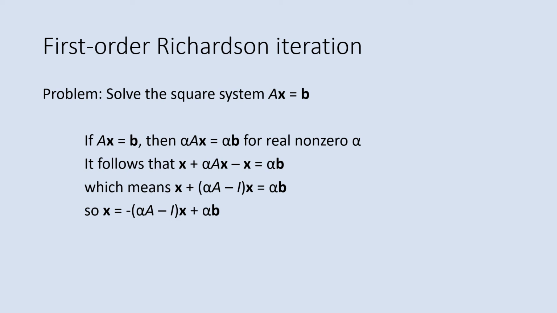Now that doesn't really help any in a real life sense because we have an unknown x on the left-hand side and an unknown x on the right-hand side. We can get rid of the negative sign out front at least, and rewrite this in this form.